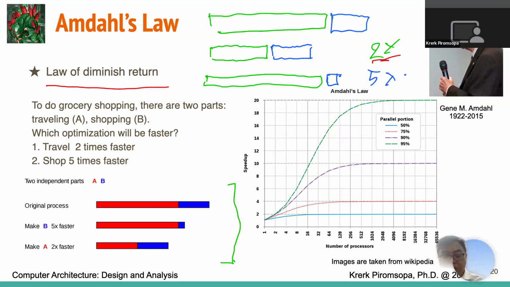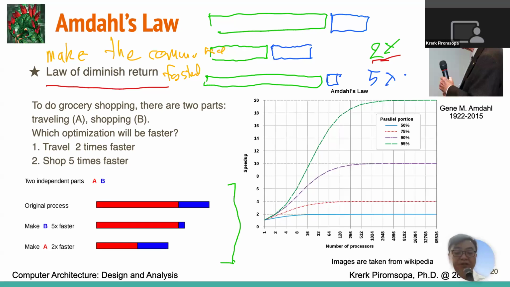Or another way to say it is that if you want to improve something, you should make the common case faster, right? I spend the time doing the green, so make the green faster. Most of my time is with the green, so I make the green faster.